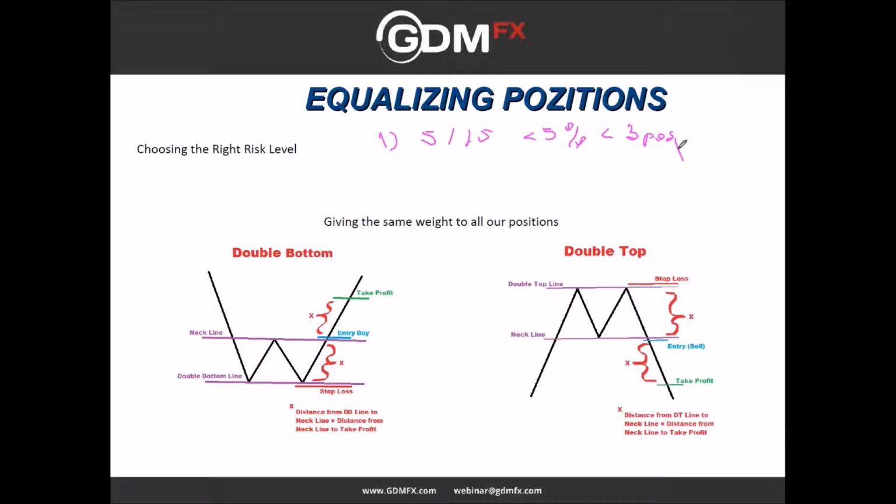For example, let's have an example of a $10,000 account. It's easier to calculate. Now we can open one position with a maximum stop loss of $500.